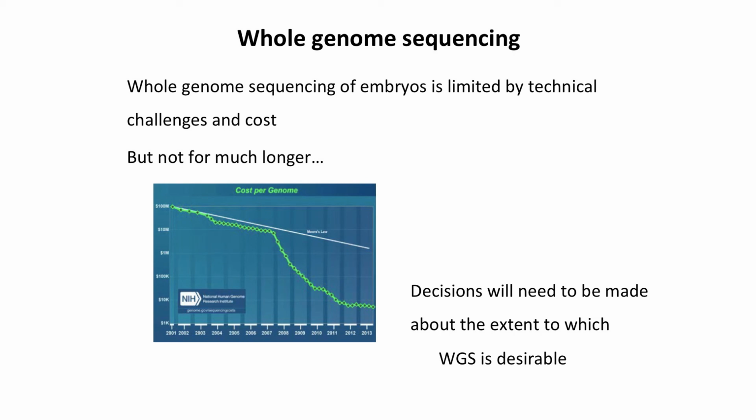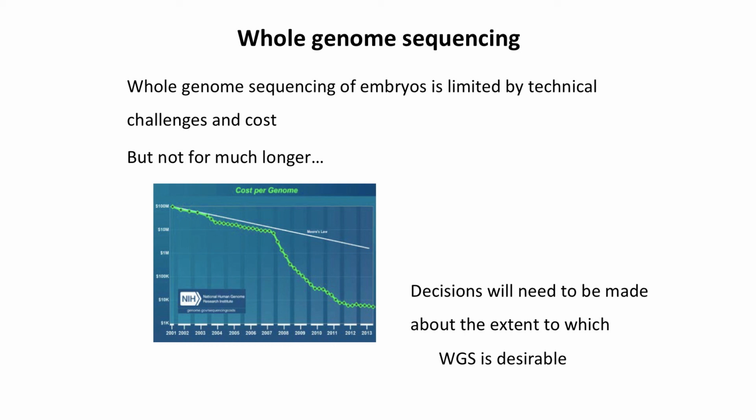But the reason I mention it is just simply because we're approaching a point where it may be possible to do this. In the past, as a geneticist working in this area, it was always very easy just to wave your hands and say, oh, well, that's technically impossible. Or it costs too much to do. But of course, the cost of sequencing has gone down so rapidly.